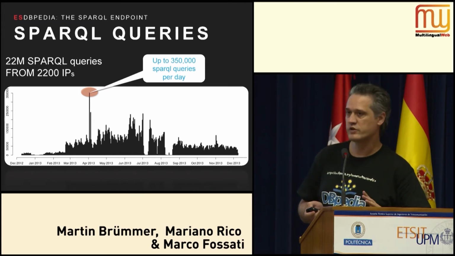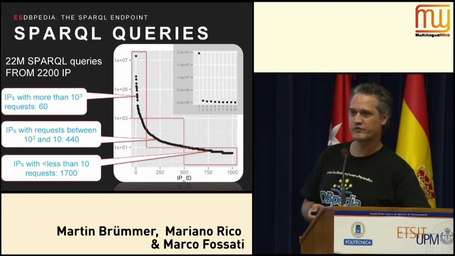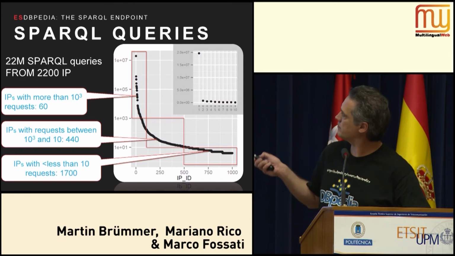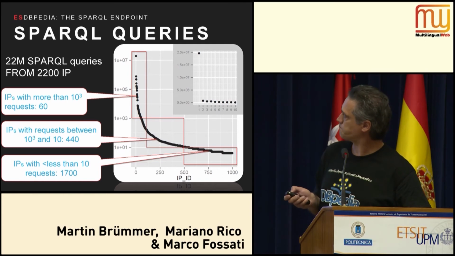I have to warn you about these IP monsters that can put your system down. So this is a detailed study of the kind of visitors you can have in your SPARQL endpoint, and well, you can see here 3 kinds of visitors. Very demanding visitors here, but there are only a few. There are only 16.